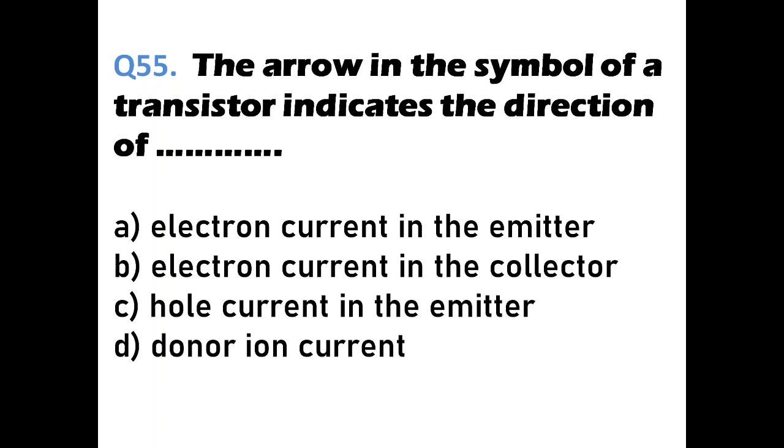Holes are assumed to be positively charged carriers, and therefore hole current is a positive current, and positive current is your conventional current. So the option is C. The arrow in the symbol of a transistor indicates the direction of hole current in the emitter.